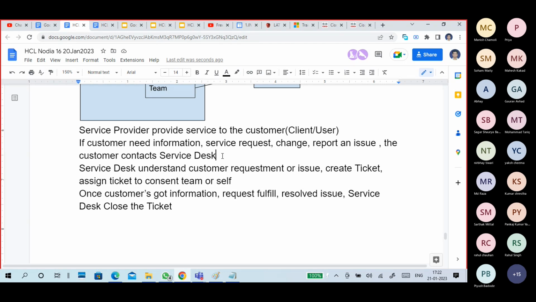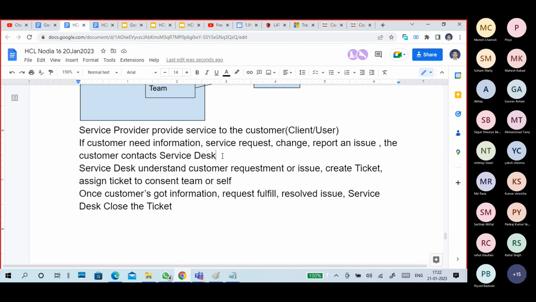Because the customer doesn't know whom to approach, who is going to support. I don't even know whether it is network related or server related or any other. So the service desk person will understand the customer requirement or an issue.